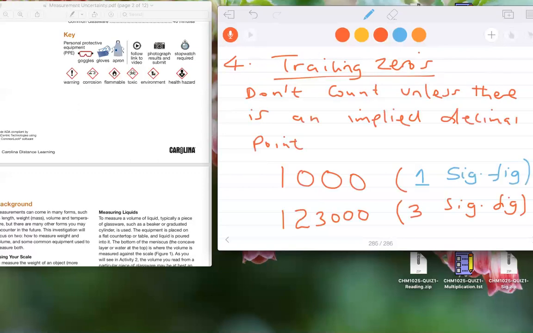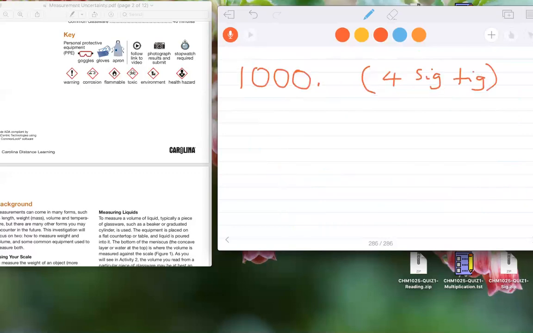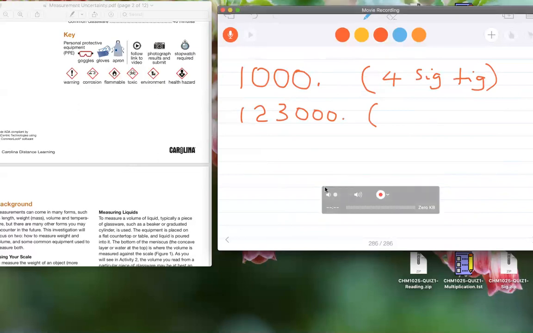The other one, 123 and three zeros, that is 1, 2, 3, 1, 2, 3, and an implied decimal point. This has 1, 2, 3, 4, 5, 6, so this has 6 significant figures.